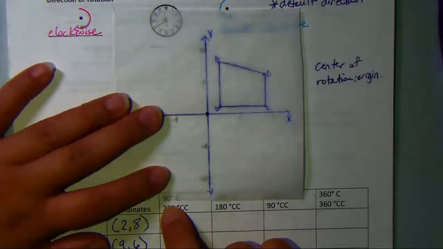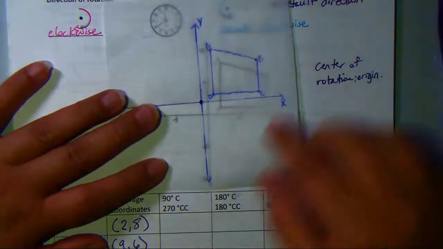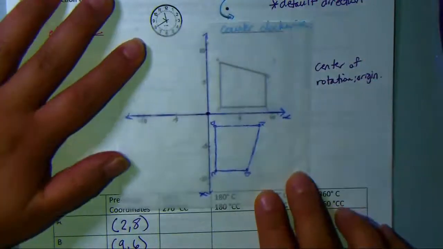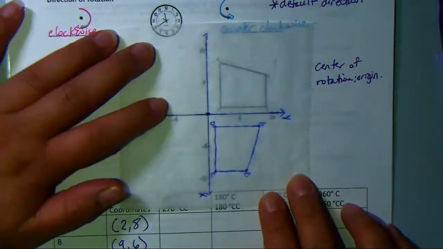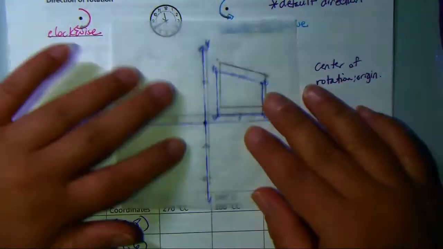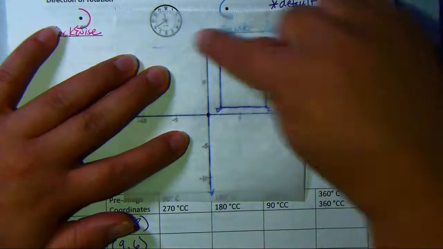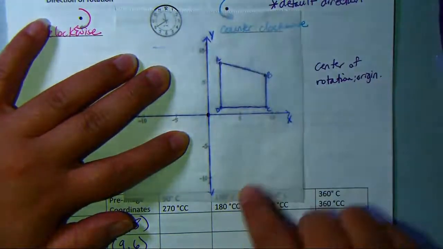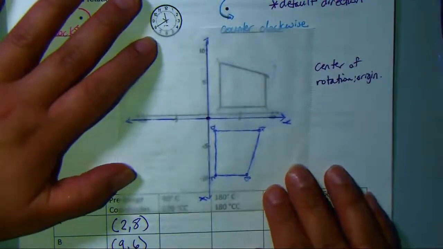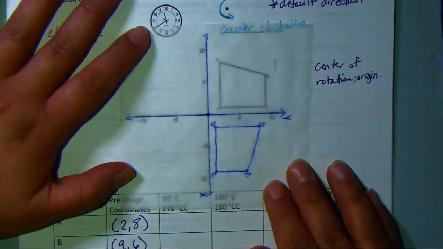So when I rotate 90 degrees clockwise, exactly 90 degrees, clockwise is this way, my figure ends up right there in quadrant 4.